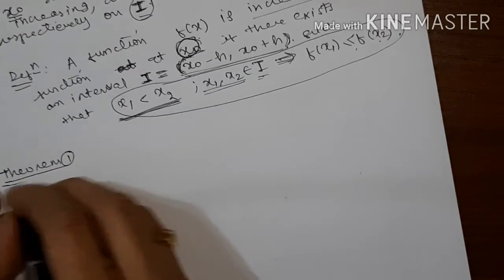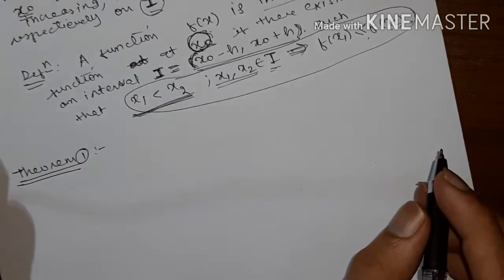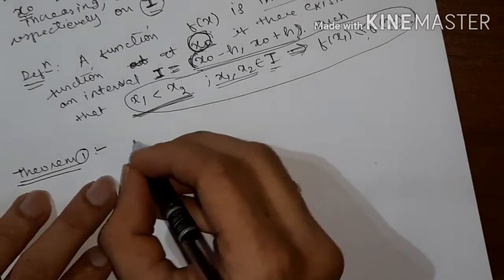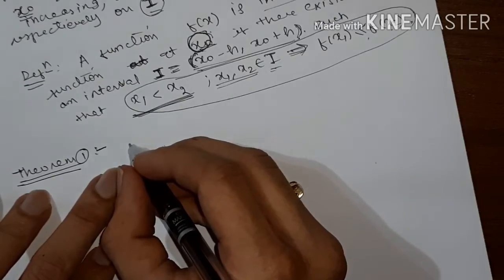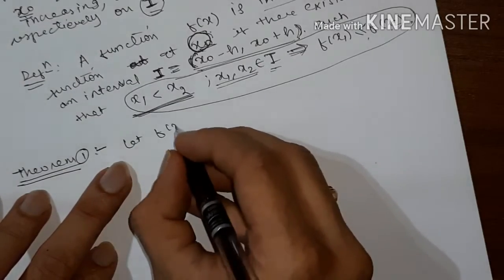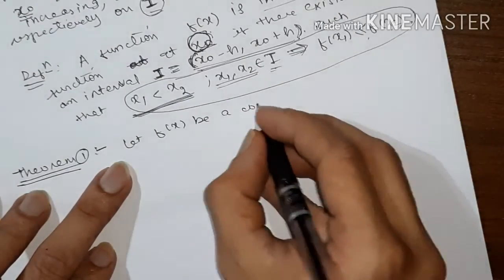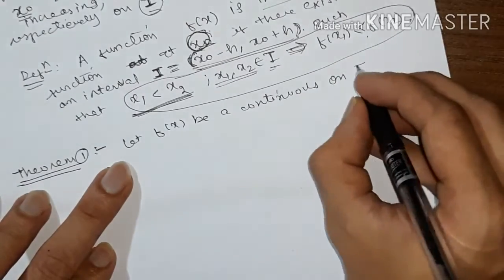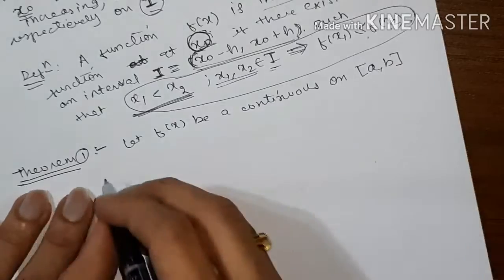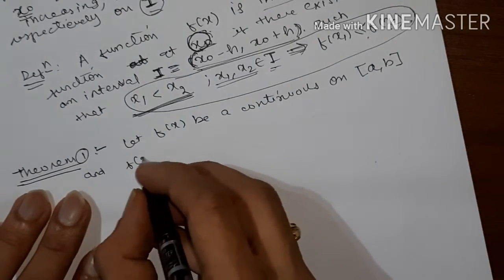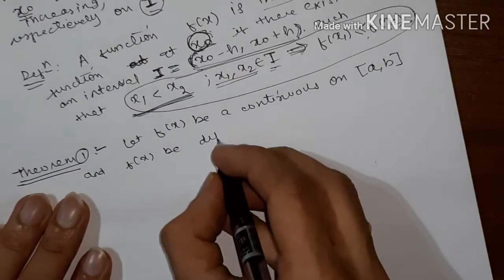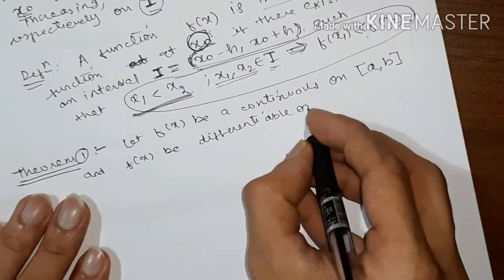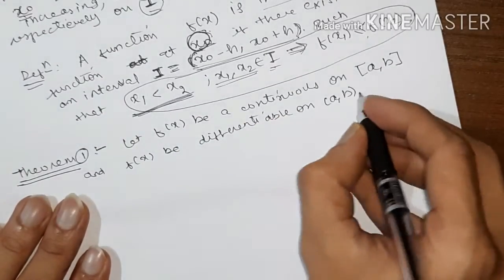If you look at theorem 1, let us see what it is. Let f(x) be a continuous function on the closed interval a comma b, and f(x) be differentiable on the open interval a comma b.